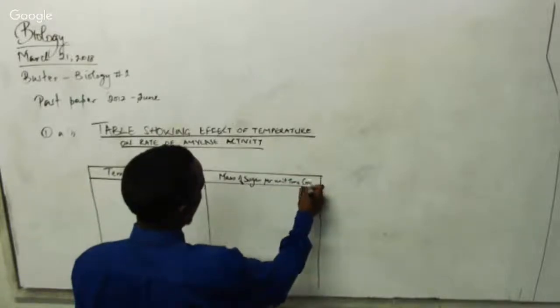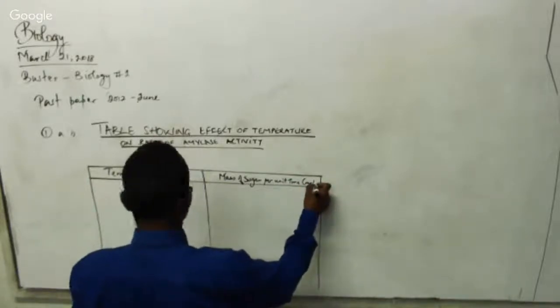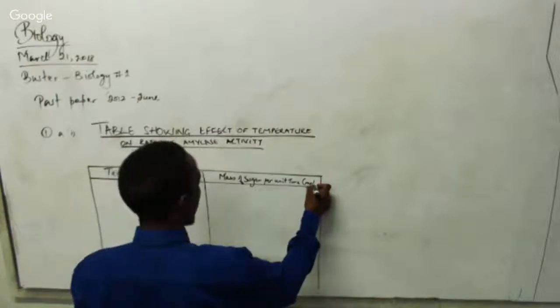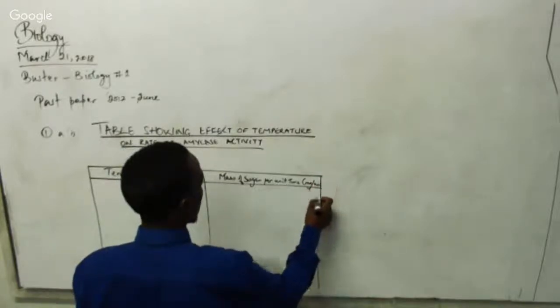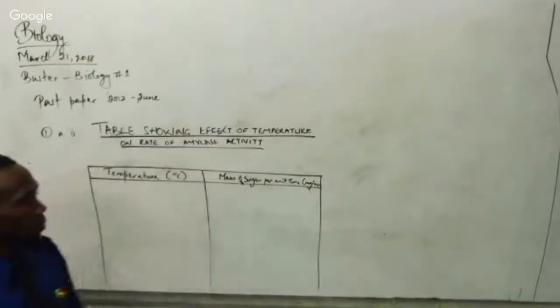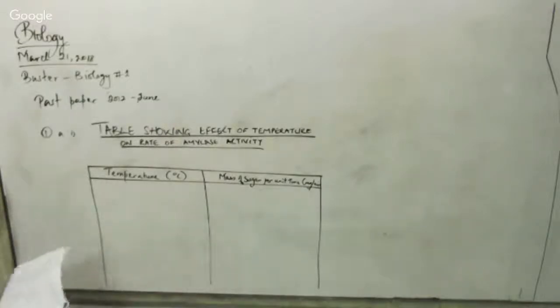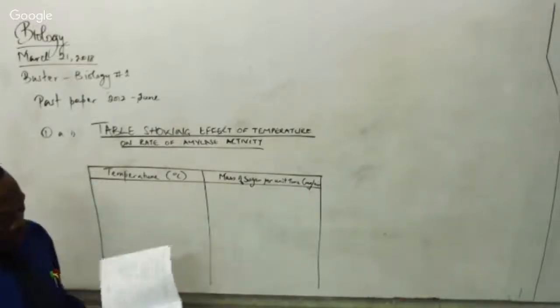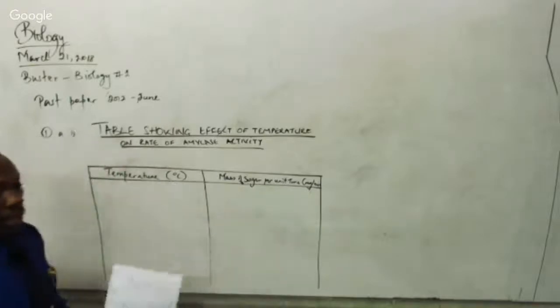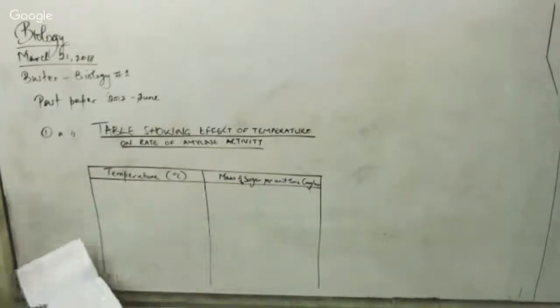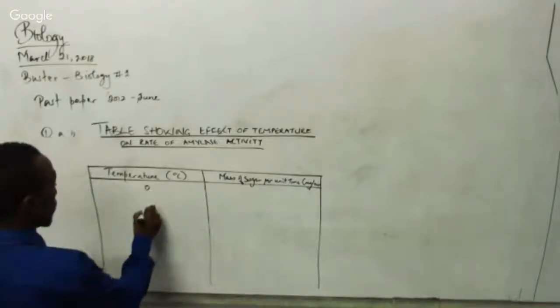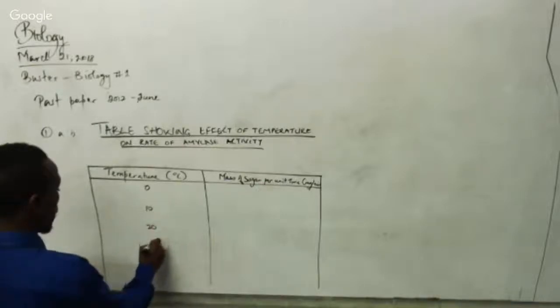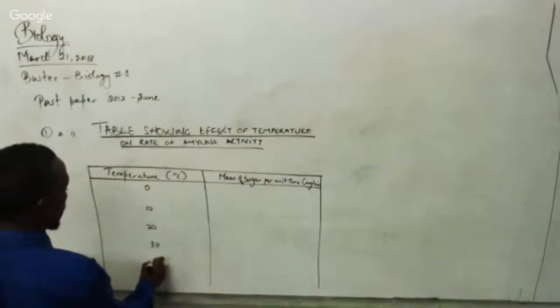And that is mg per minute. Then for your temperature, you just look at the baseline, where it's the temperature, and you write any 4. I would do 0, 10, 20, 30, 40.